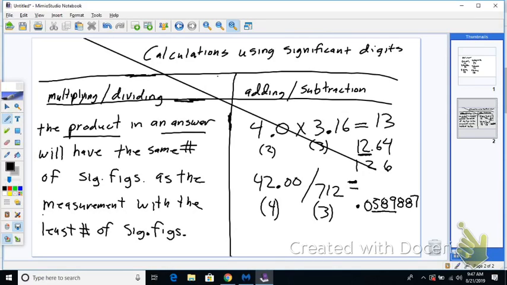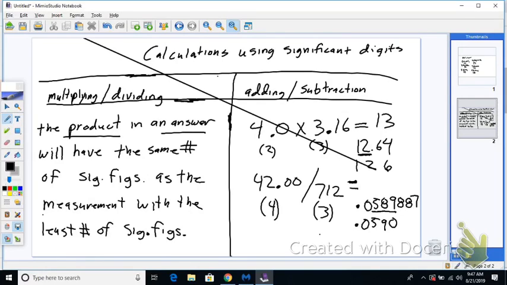That's not the case. There is an 8 in the next spot. So what does that 8 do to the 9? It makes it 10, which makes it 0, which then rounds the 8 up to 9. And so the correct answer for that would be 0.0590. You have to write the 0.